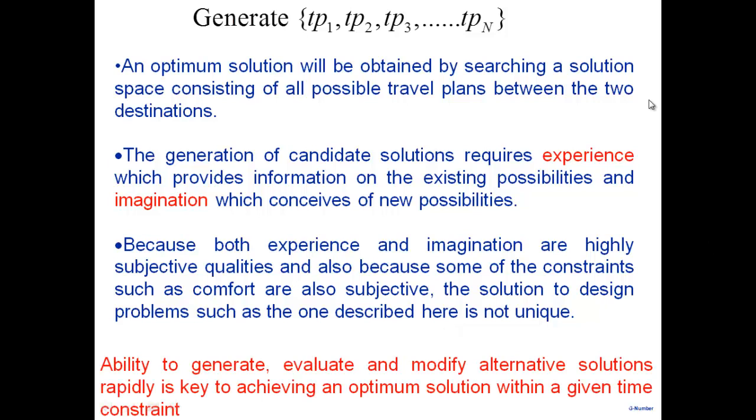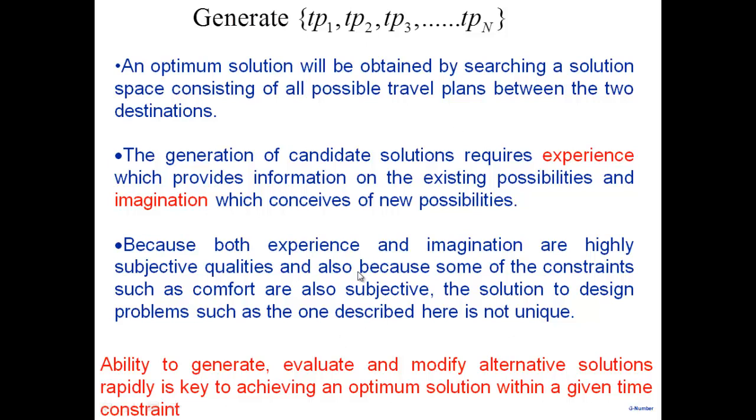So what you realize is that when I'm carrying out design, if I look at this simple process here, experience and imagination are of course important, but your ability to generate, evaluate, and modify alternative solutions is key to achieving an optimum solution. There's always a time constraint. So if you can rapidly generate new alternatives, evaluate them, and if you're not happy with them, modify them, if that ability increases, you're more likely to arrive at a more optimum solution plan.